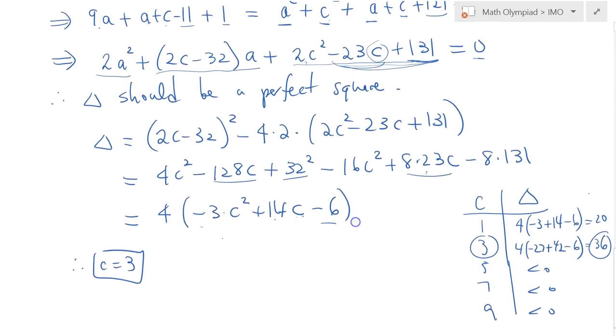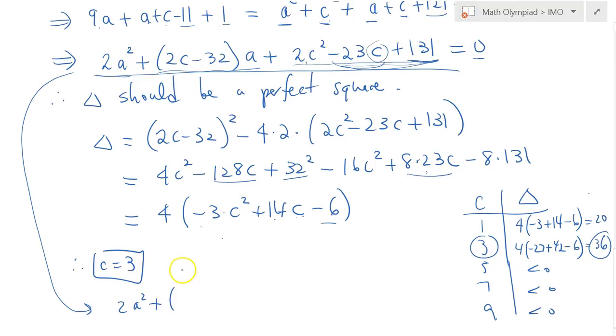Go back to our quadratic, simplify the quadratic. So this quadratic becomes 2a squared plus, c is 3 now, 6 minus 32 is minus 26a. Let's write that down, minus 26a, and then plus I have 9, 18, hold on, 18, 3 times 23 is 69, minus 69, plus 131.